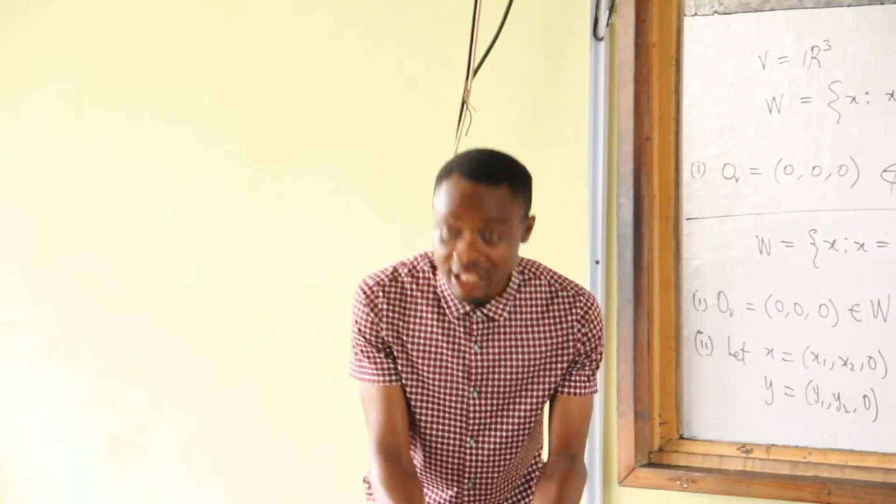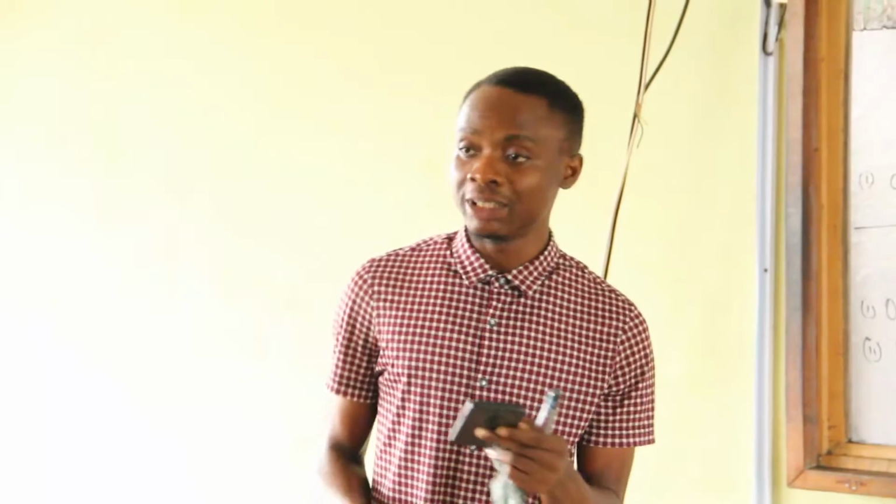Let V equal M22 be a vector space of 2 by 2 matrices, and W equal to A22 such that the determinant of A is not 0. Please pay attention. In this case, we are dealing with a vector space of all 2 by 2 matrices. We know that is a linear vector space.